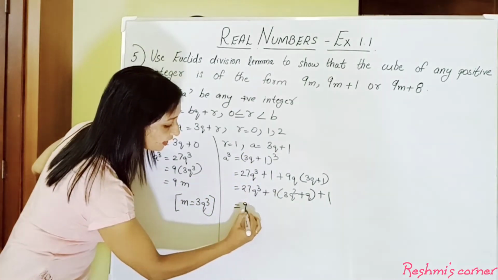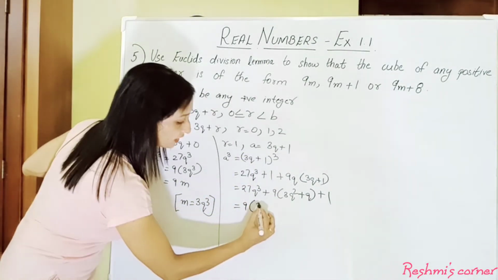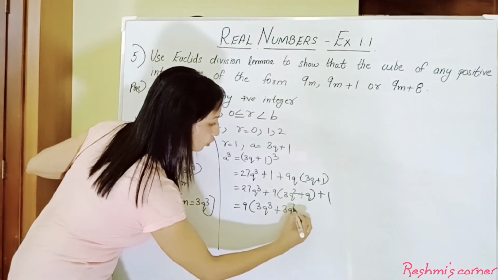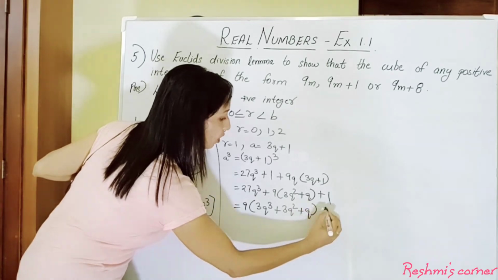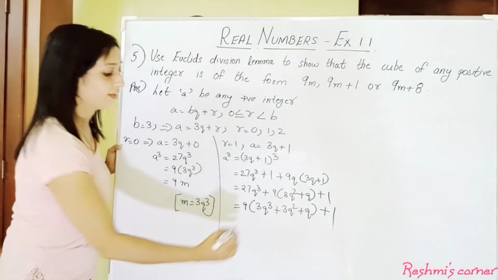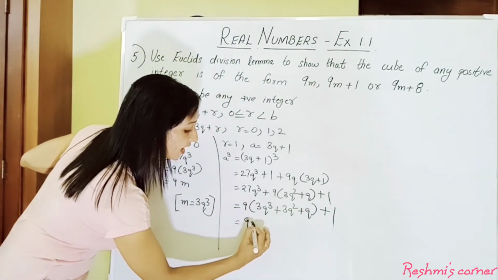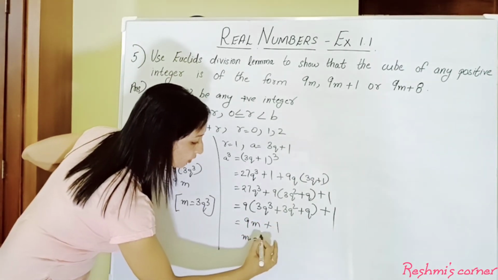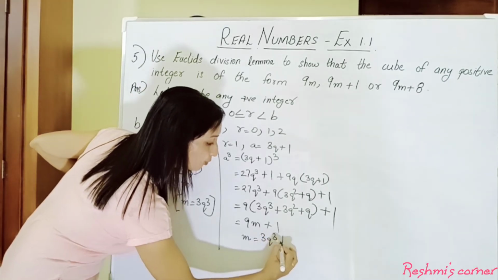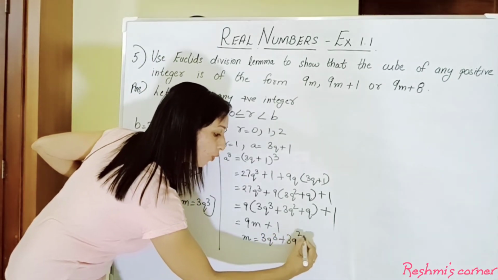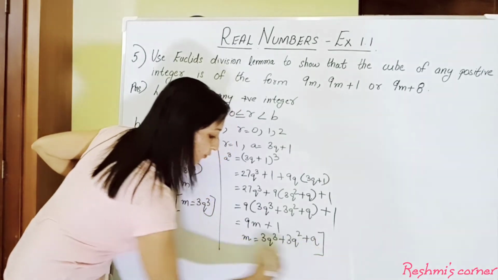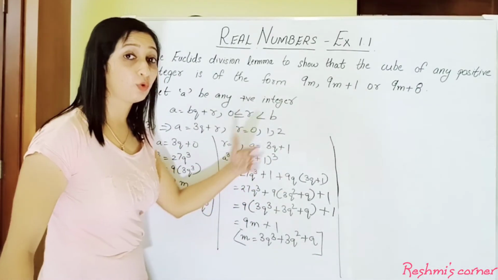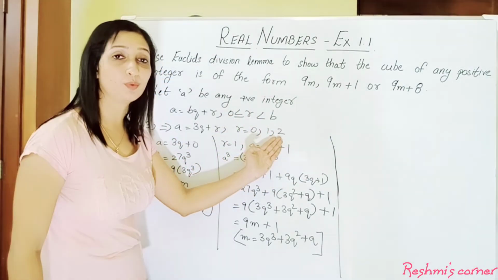So that we get 9 into 3q cube plus 3q square plus q plus 1. This we can write as 9m plus 1, where m is equal to 3q cube plus 3q square plus q. So this was our case 2. Now let's move on to case 3, which is when r is equal to 2.